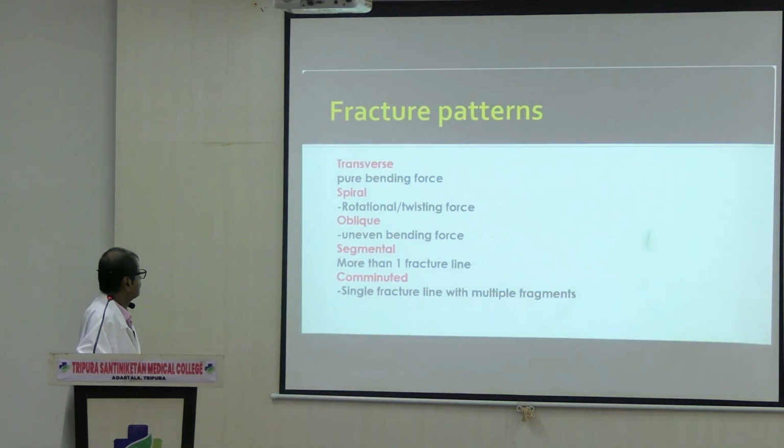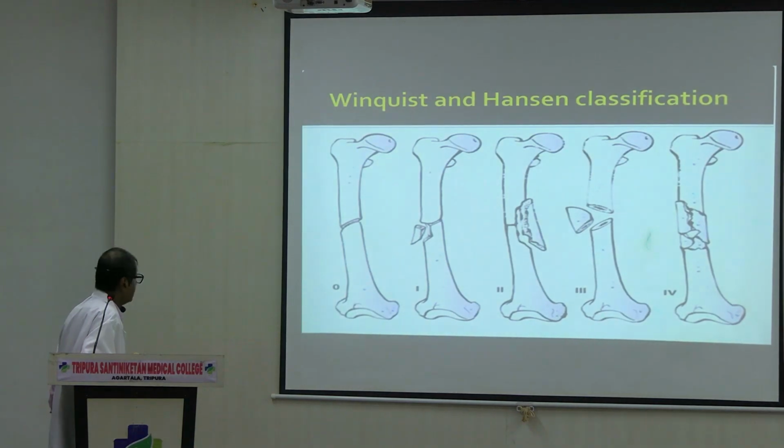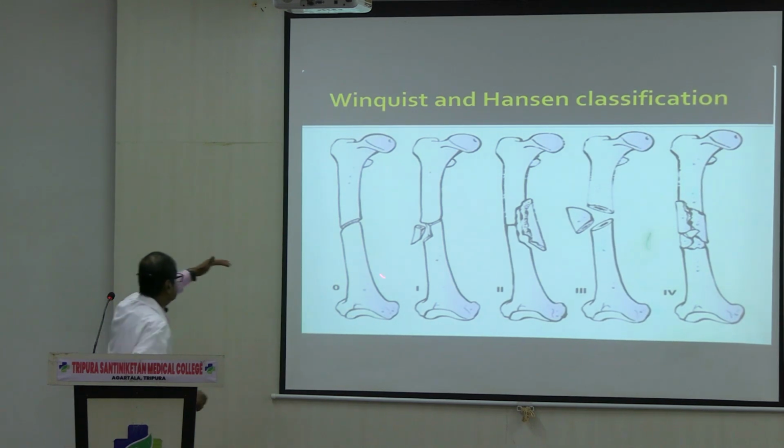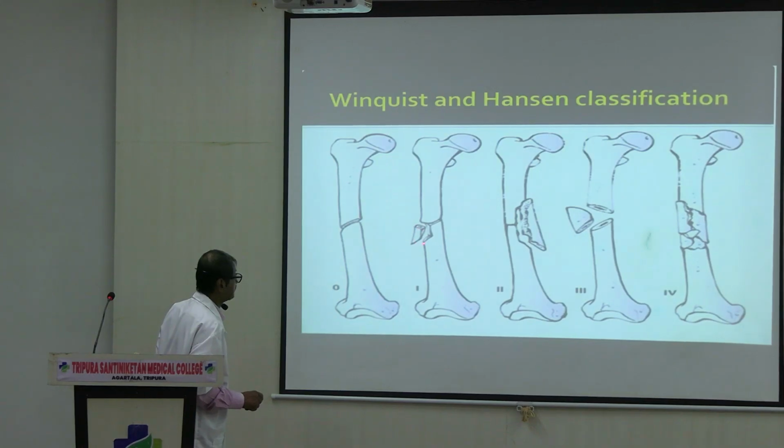So what are the types of fracture? Next slide. As you see, this is a transverse fracture. Transverse means like this, a single bone. This is called a comminuted fracture, and this is called a butterfly fragment. This is also a butterfly fragment.